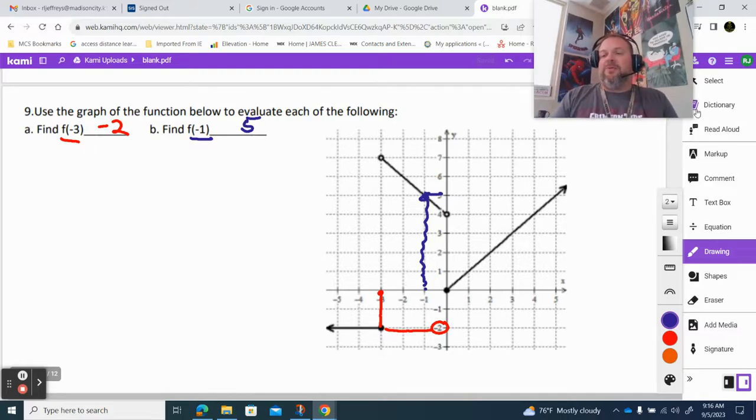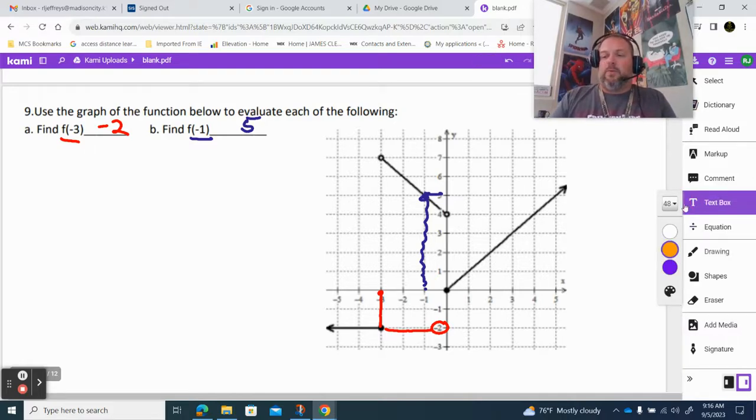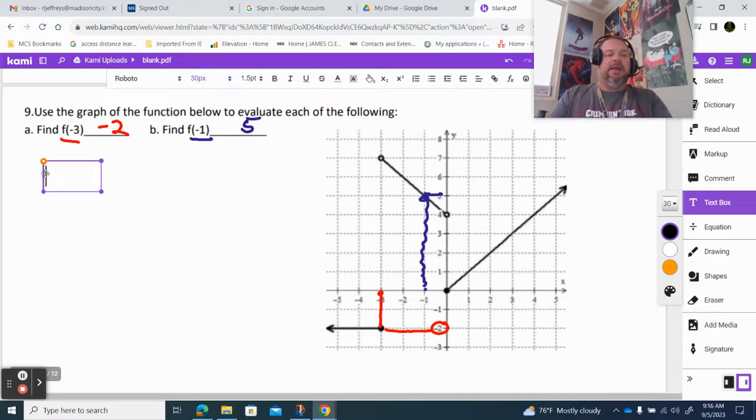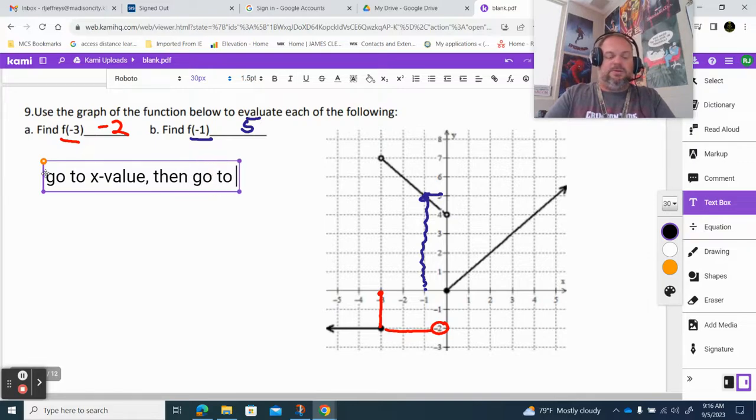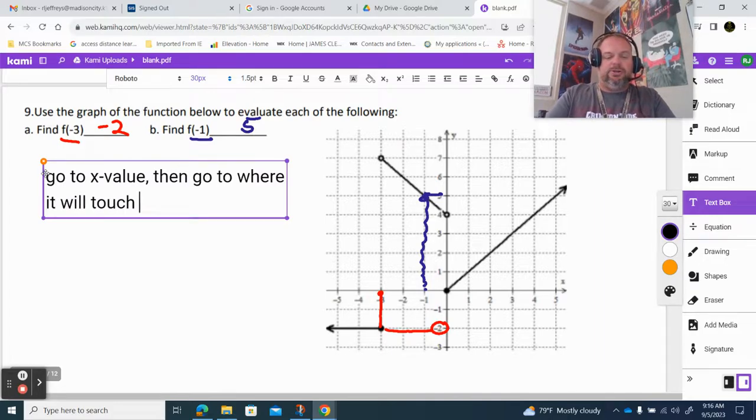So if I was writing something for my orange sheet, I would say go to X value, then go to where it will touch the graph.